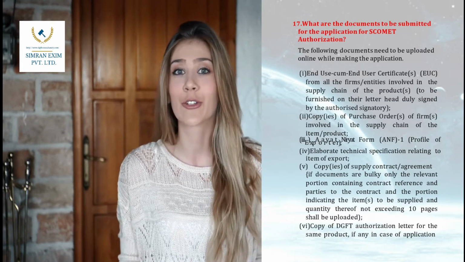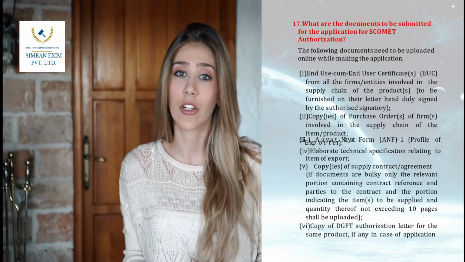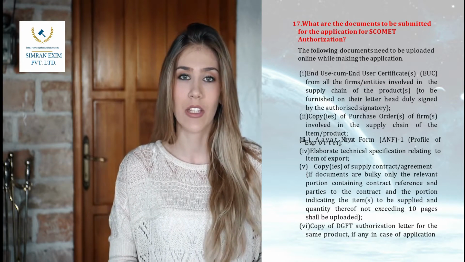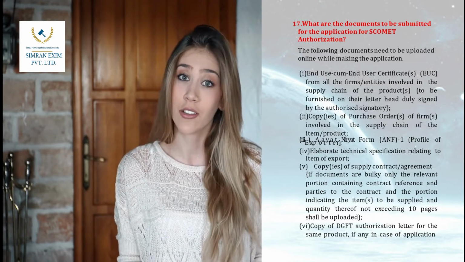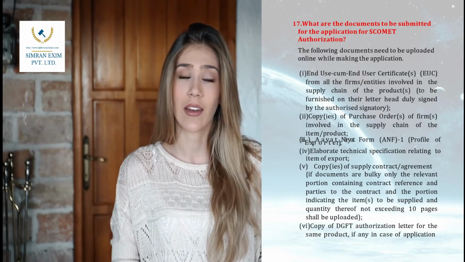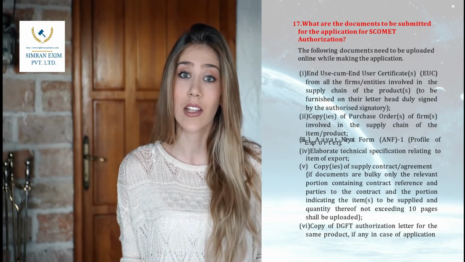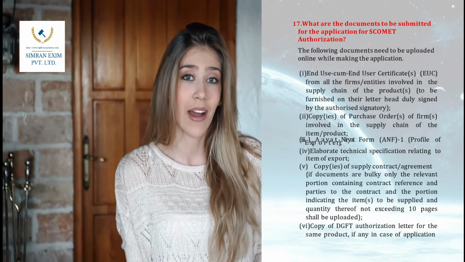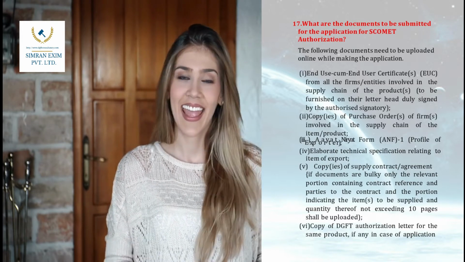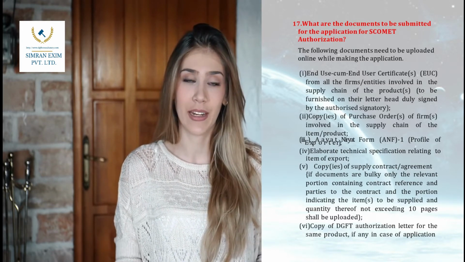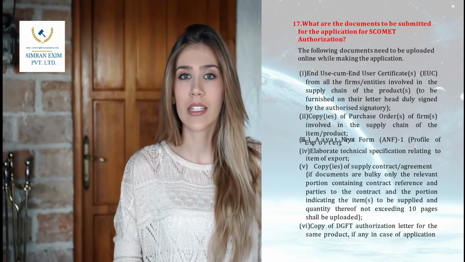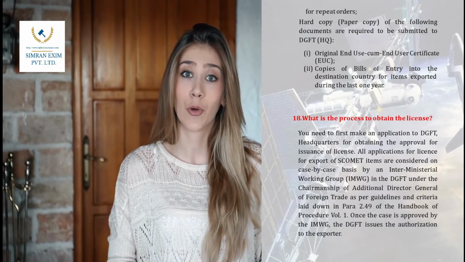Itinerary form, ANF-1, profile of exporter. 4. Elaborate technical specification relating to item of export. 5. Copies of supply contract or agreement. If documents are bulky, only the relevant portion containing contract reference and parties to the contract and the portion indicating the items to be supplied and quantity thereof, not exceeding 10 pages, shall be uploaded. 6. Copy of DGFT authorization letter for the same product, if any, in case of application for repeat orders.